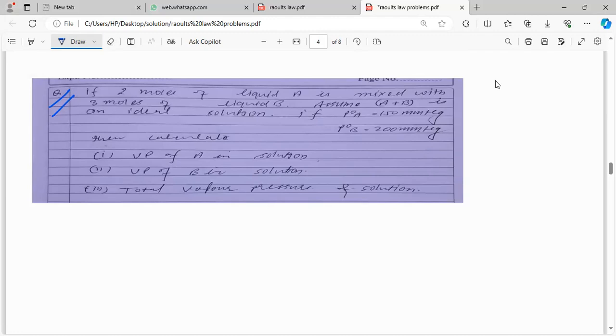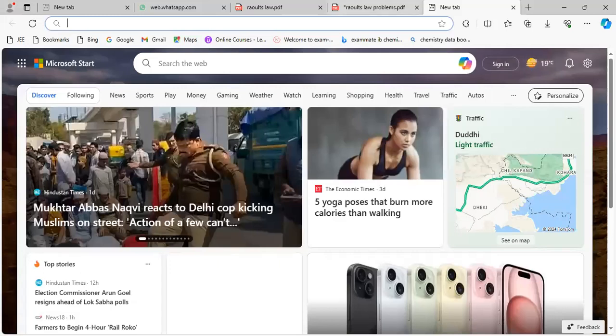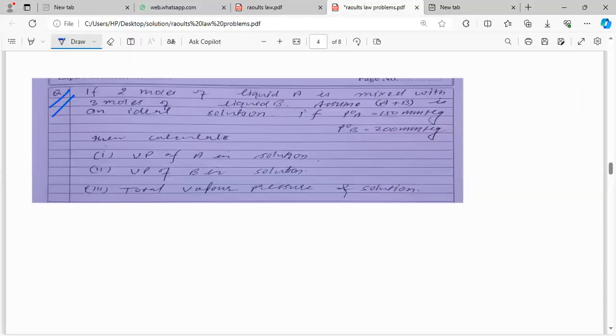If P naught A is 150 mmHg and P naught B equal to 200 mmHg, calculate the vapor pressure of A in solution, vapor pressure of B in solution, and the total vapor pressure of solution.